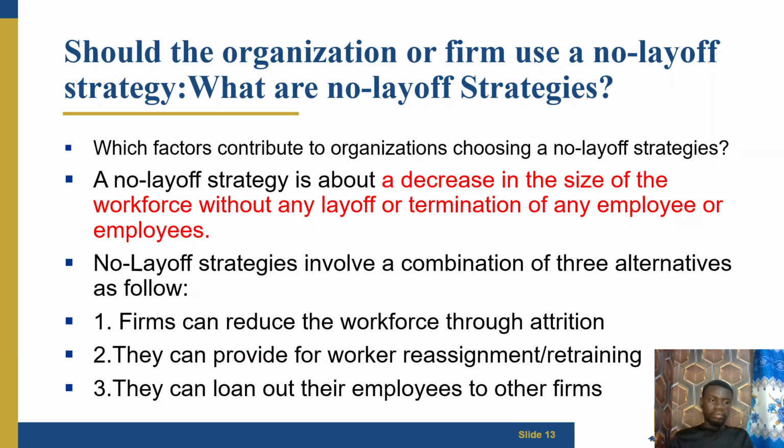Okay, these are the natural ones. So when they leave, you don't employ any other worker to fill their vacancy. That is what we mean by reducing workforce through attrition.